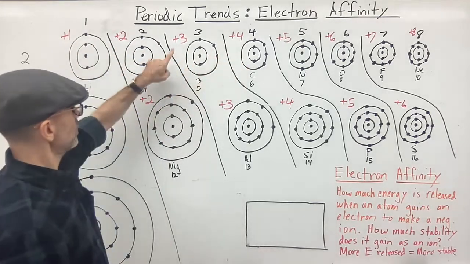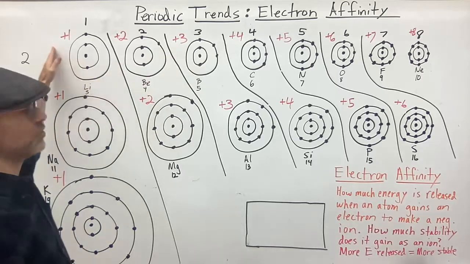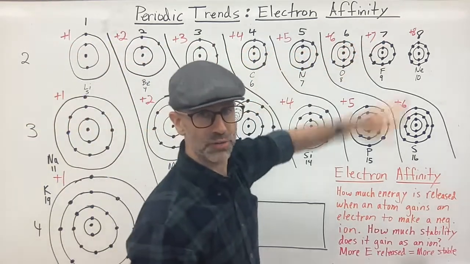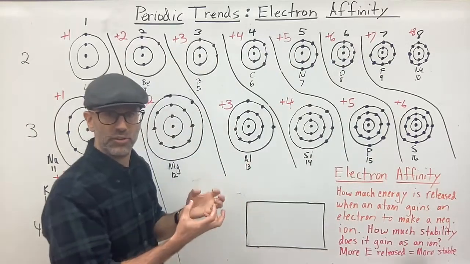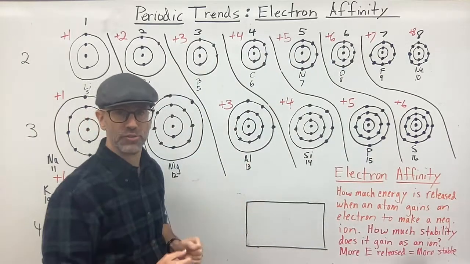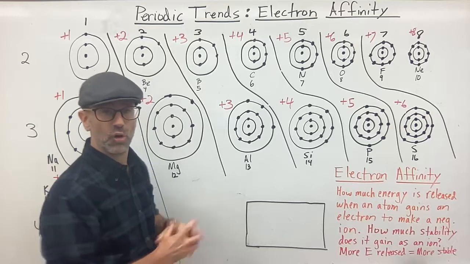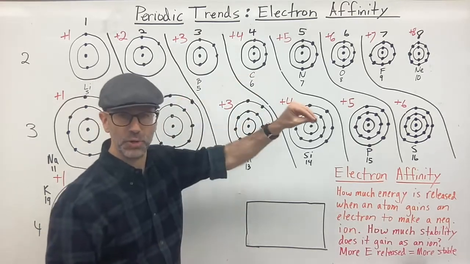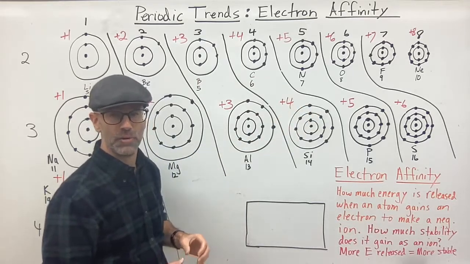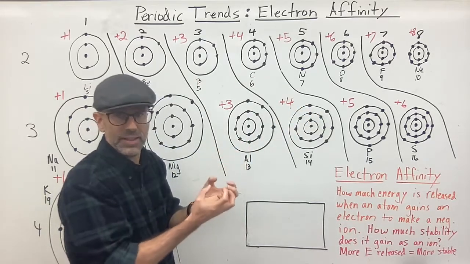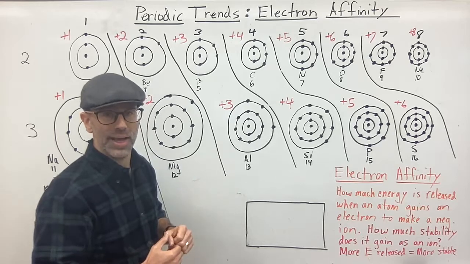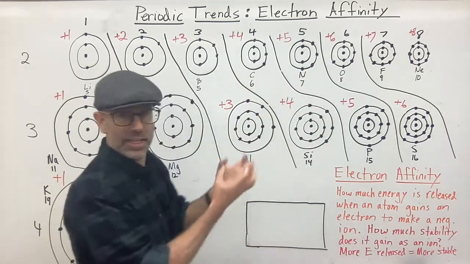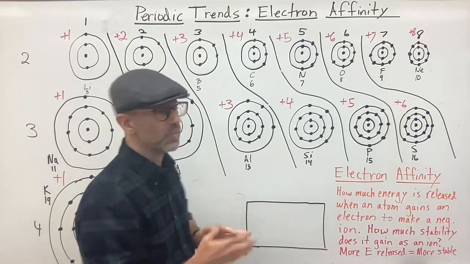If we're looking at the trends here for the effective nuclear charge, we saw that the effective nuclear charge increases across. So that means that the nucleus is having more attractive force on the electrons. As you're going across, would you think it would be easier to put an electron in than harder? Would the nucleus attract the electron more or less? We would expect that the electron would be attracted more.